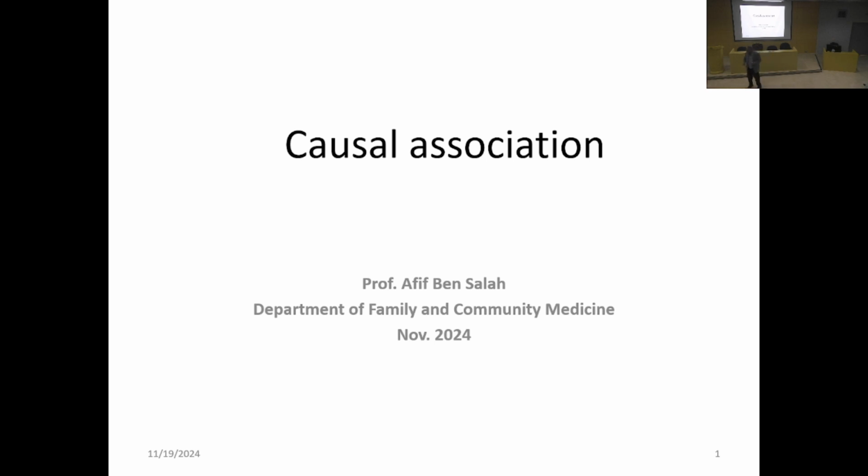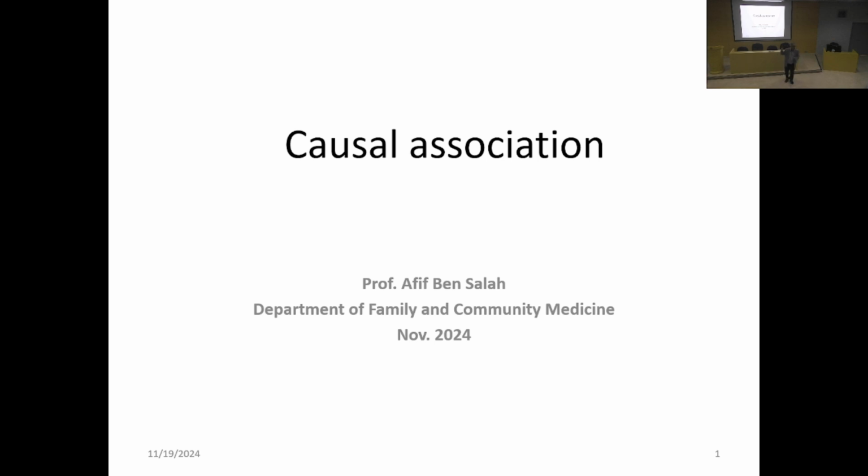Does it mean that having lighters caused the pulmonary cancer? No, because there is another intermediate factor, which is smoking. You are measuring another factor that is associated but not causing the disease. So the association, the strong association, doesn't mean causal association.